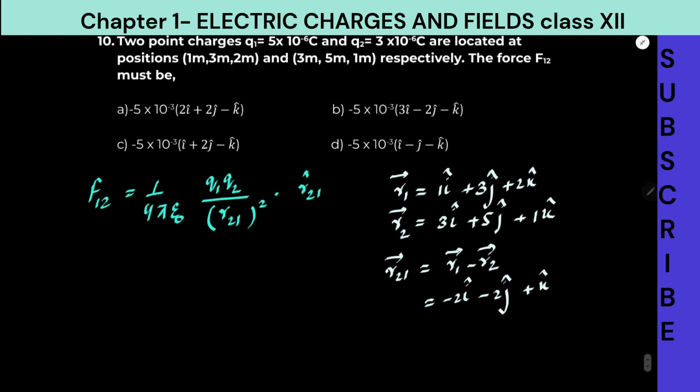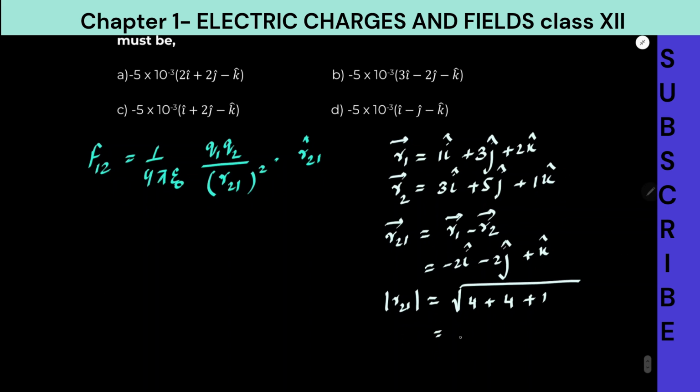Next, we have to find the magnitude of this R21, because we have the unit vector and for that we will require the magnitude. So the magnitude of R21 is root under minus 2 square, which is 4, minus 2 square, which is 4, and 1 square, which is 1. That equals root 9, which is 3. This is our magnitude.